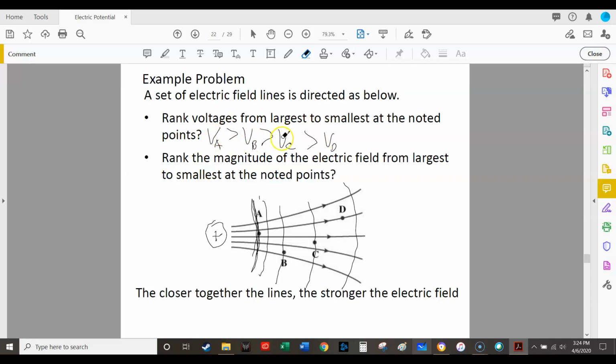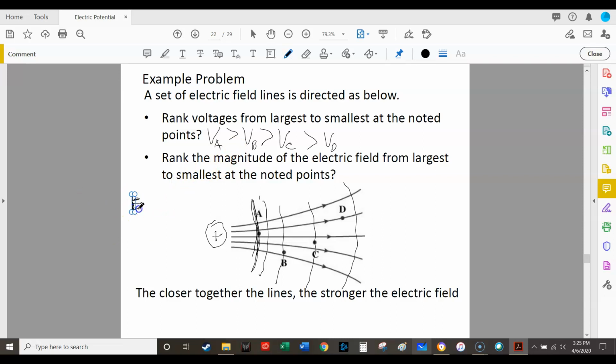I hope this part was informative for you. Let's go on to ranking the strongest electric field to the weakest electric field. Well, a similar interpretation can be made with the electric field. If you recall, the electric field equation is, all right, there we go.